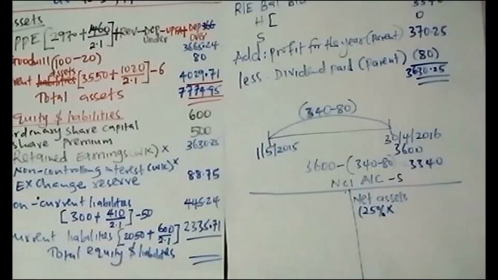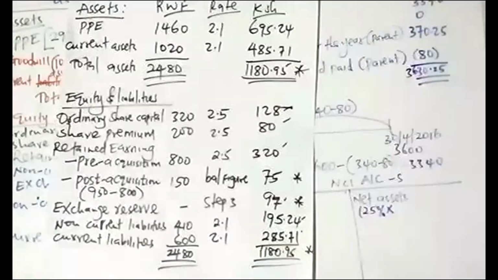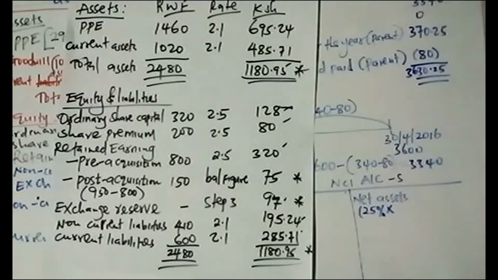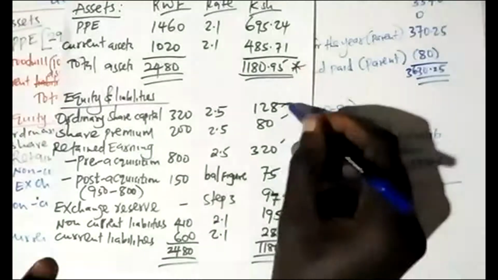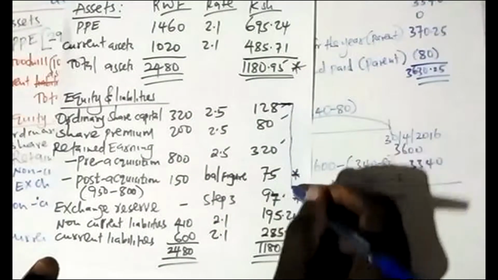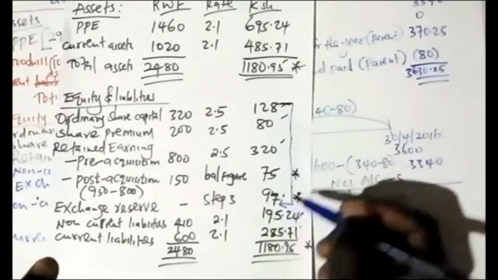So go to your translated statement. That is the point whereby this translated statement will substantially assist me, not the income statement per se, but the translated statement of financial position, to get the total equity. You add this up to this point.